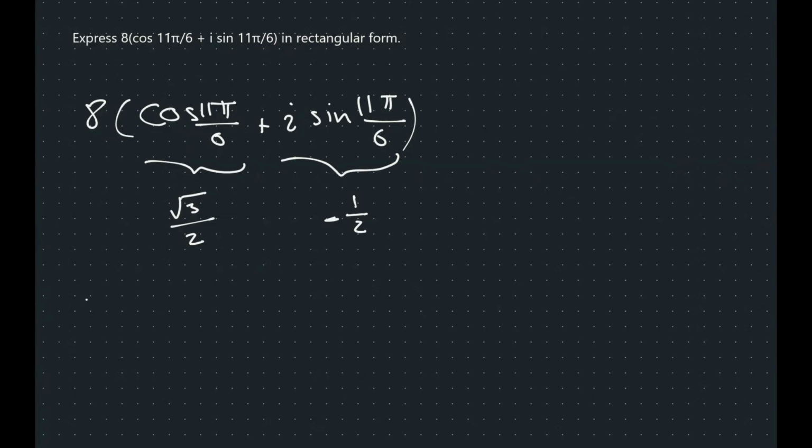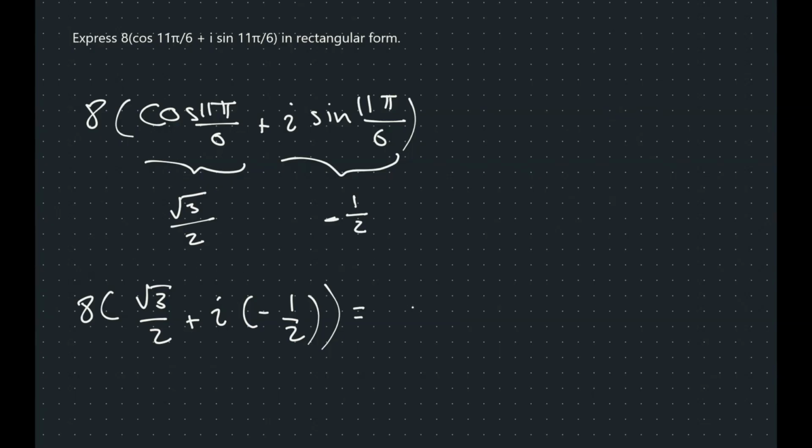So let's simplify. We'll have 8 times, not cosine, but root 3 over 2 plus i times negative 1 over 2. And to simplify this, we'll just distribute the 8.